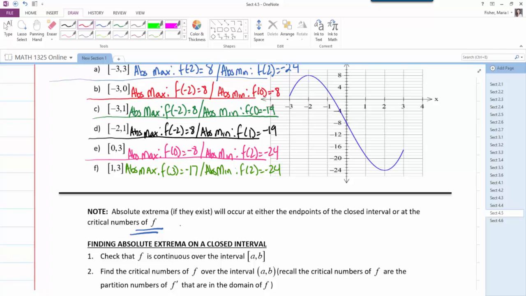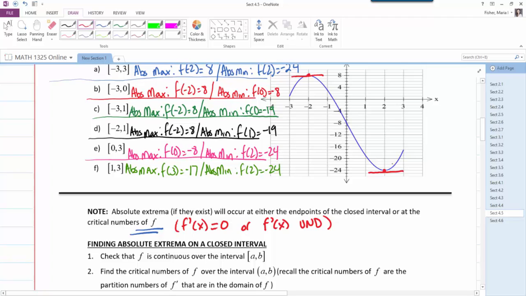Critical numbers of f are places where f prime of x is equal to 0, or where f prime of x does not exist, where it's undefined, as long as that x value is part of the domain of f. So look here, we often had the answer that our max was at negative 2, 8, and that our min was at positive 2, negative 24.